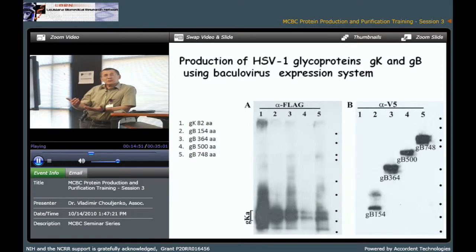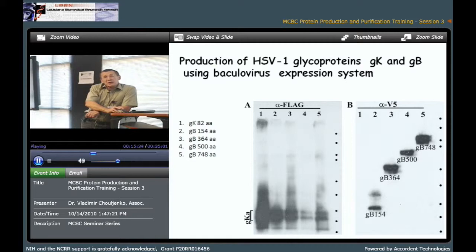The main emphasis of this paper was that it has been shown that the amino terminus of HSV1 glycoprotein K physically interacts with HSV1 glycoprotein B. To prove this, we expressed the first 82 amino acids of glycoprotein K, fused in frame with a 3X FLAG epitope, because there is no antibody available to GK, and we needed anti-FLAG antibodies, which are commercially available. So it's purely for detection purposes.